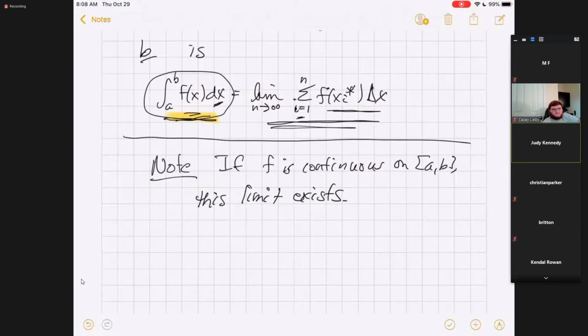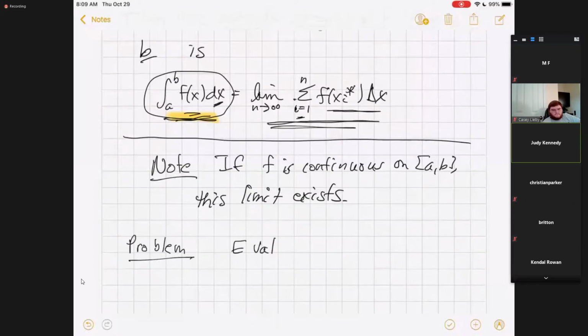Well, we don't have many tools for evaluating these things, but how about we use the fact that if f is positive, we're actually talking about area under the curve. So let's do a couple of things if we can.